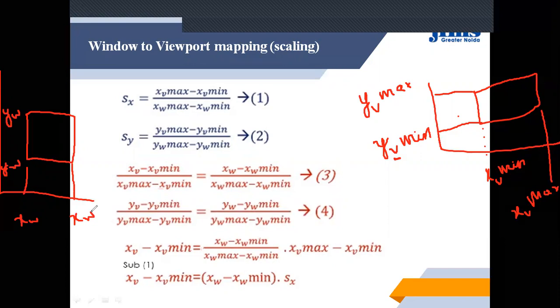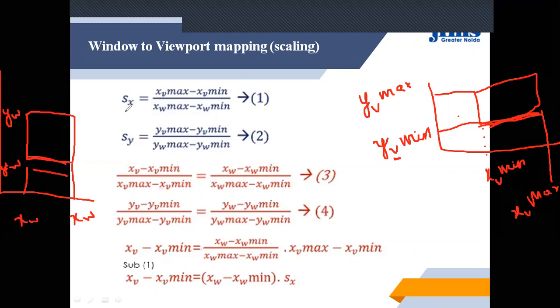So what I will do is try to find out the ratio of the length of the viewport on the x-axis to the length of the window on the x-axis.